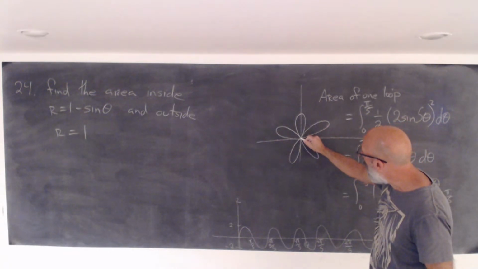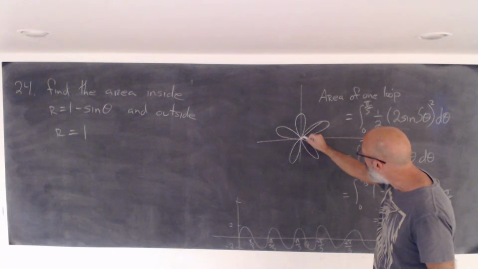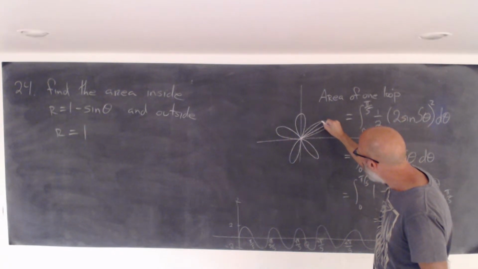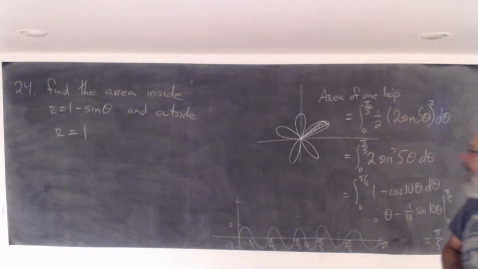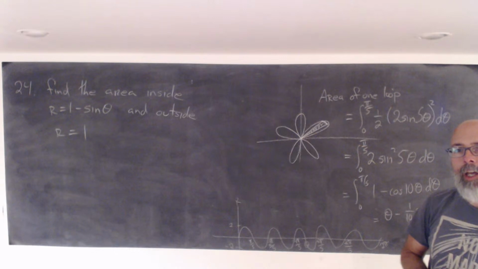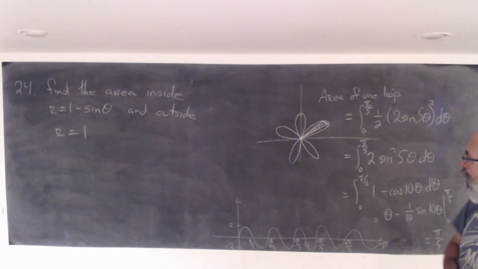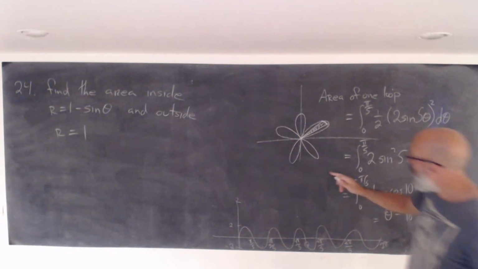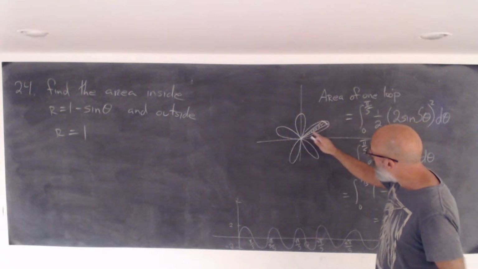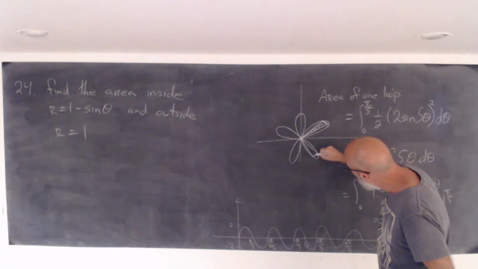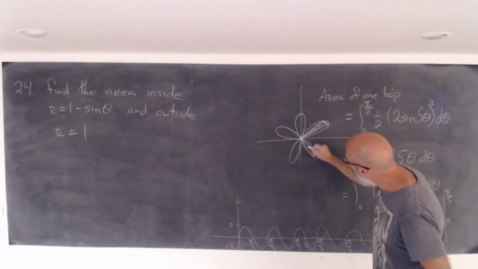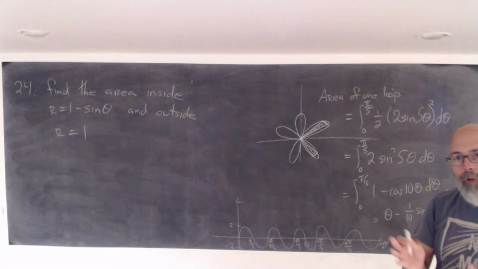Because remember how the area is calculated, it's like a wedge. It's like a part of a circle. So this is still going to be positive, right? Because it's a part of a circle.